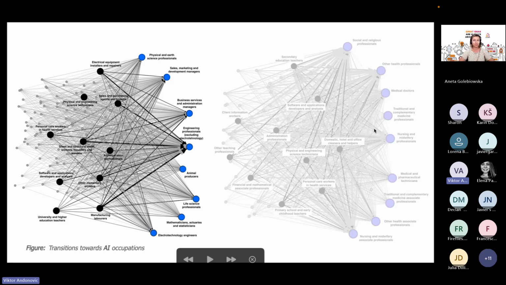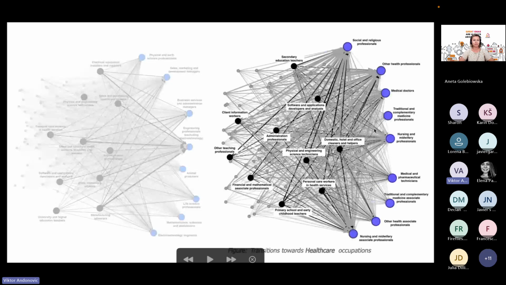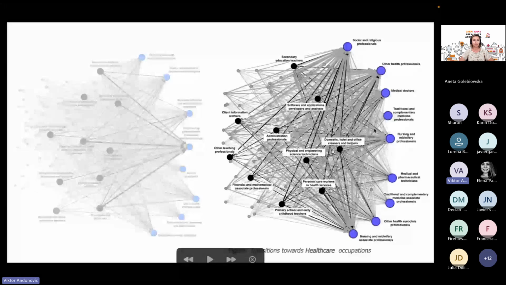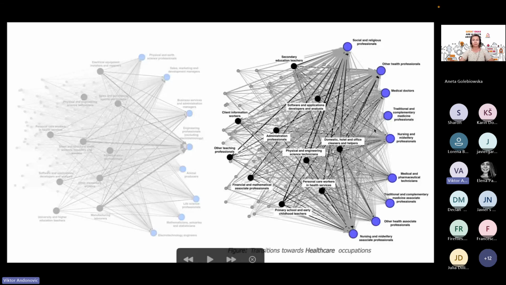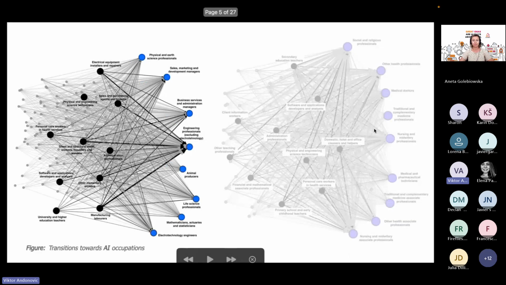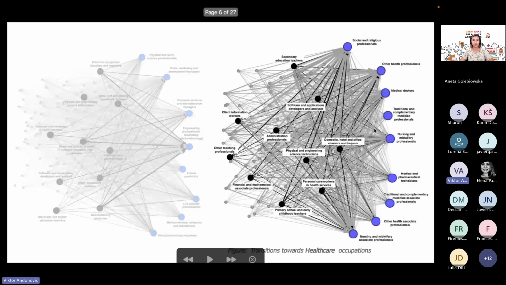We can see that for both AI and healthcare, there's a large transition towards these occupations. This means the labor market needs such occupations, and the academic curricula needs to be properly enhanced to cover the necessary AI skills and equip professionals with the AI competences that are in need.